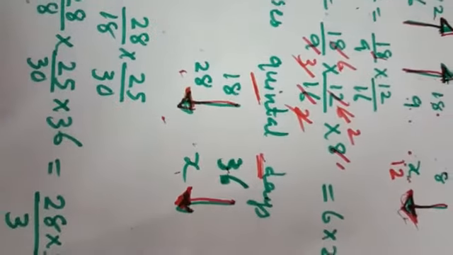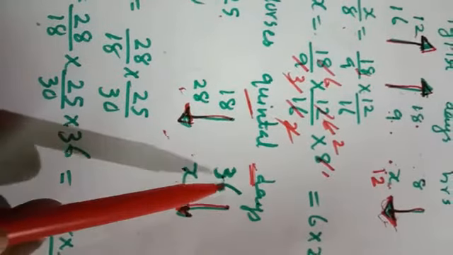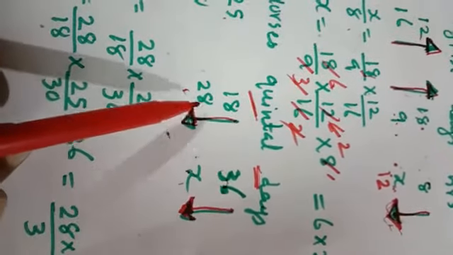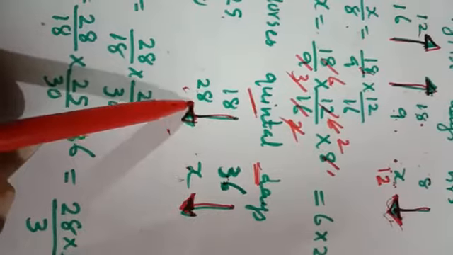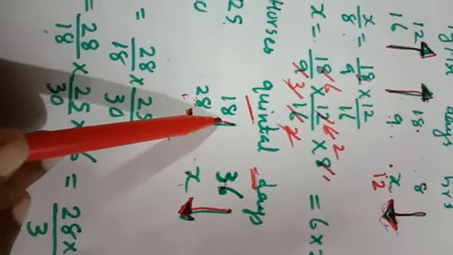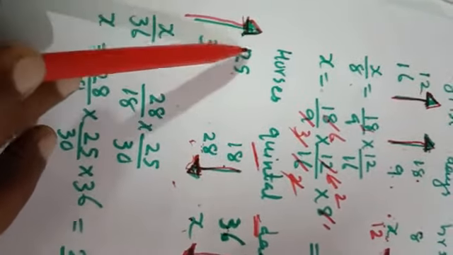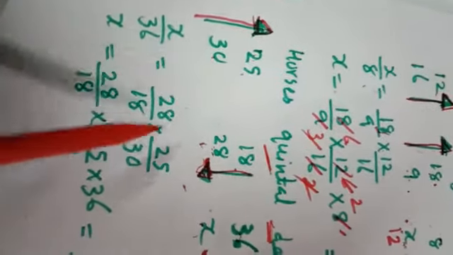Downward arrow. Okay, now we can write: the top of the arrow is near to X, so X by 36 is equal to 28. Here the top of the arrow is nearest to 28, so 28 by 18 into, here the top of the arrow is nearest to 25, so 25 by 30.